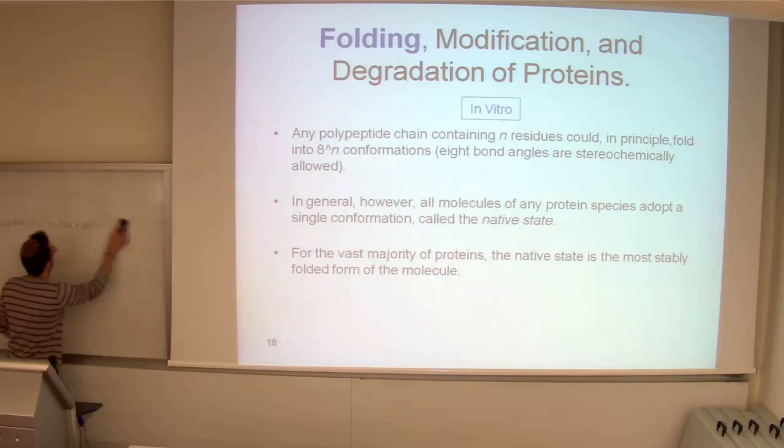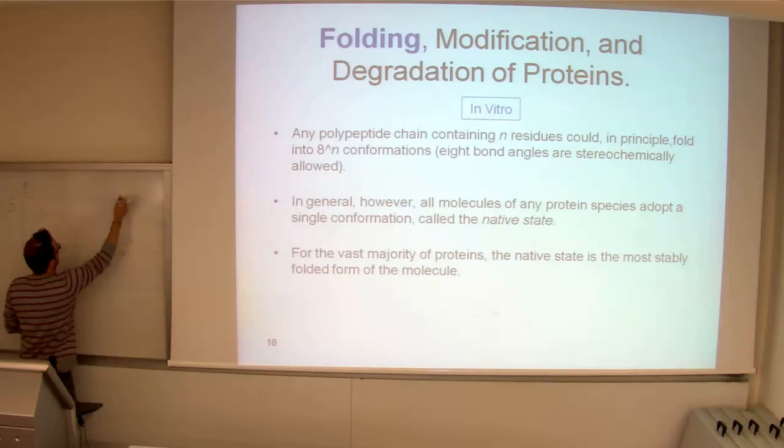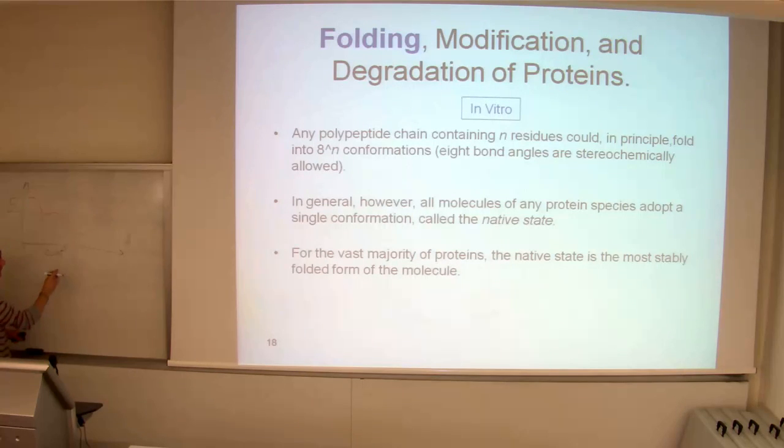So if we plot a hypothetical axis of energy, and here would be conformations, it should be a multidimensional plane or axis, but these will be conformations of a single protein. For each one you'll have a different energy level, and it will be something like this. So for most of the proteins, the native state is right here, with the absolute minimum in the energy level.